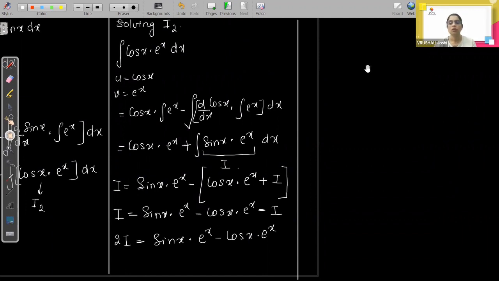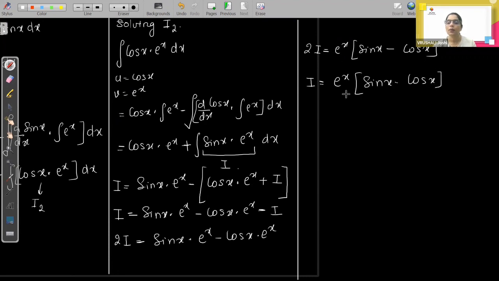So 2I is equal to e to the power x into bracket sin x minus cos x. And then you take the 2 across. I finally is equal to e to the power x into bracket sin x minus cos x, divided by 2.